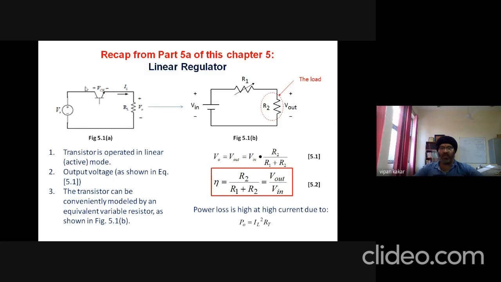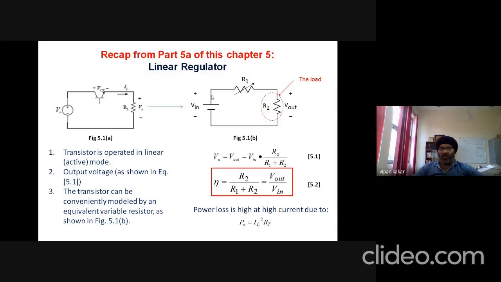In this case, a bipolar junction transistor is used as the switch. And in its equivalent circuit, we can see that this transistor can be represented by a variable resistor.